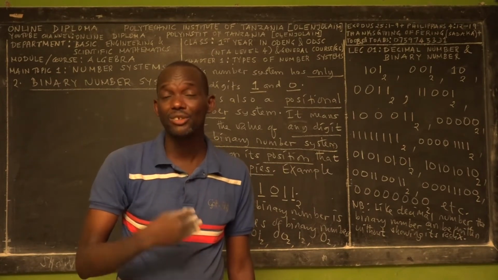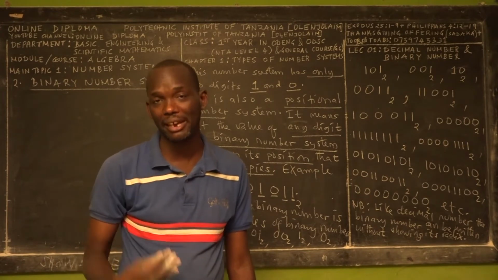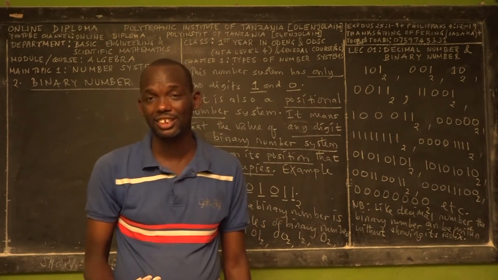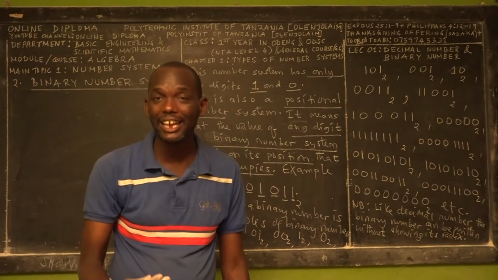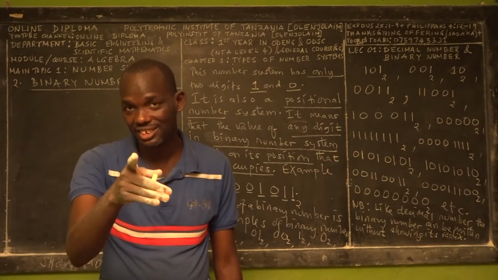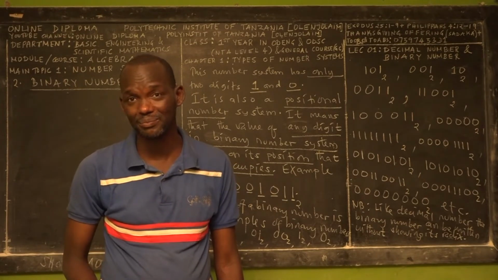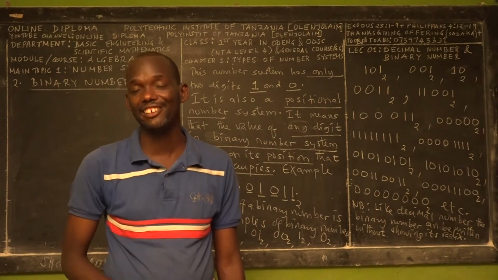You have to make sure that you understand, you apply, and even understand more than I do, because I was late to learn the concepts of number system, while you learned it at an early stage.